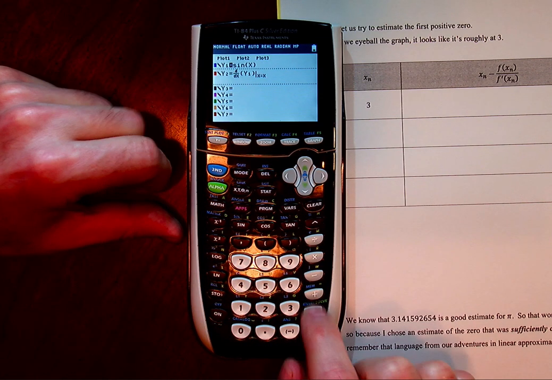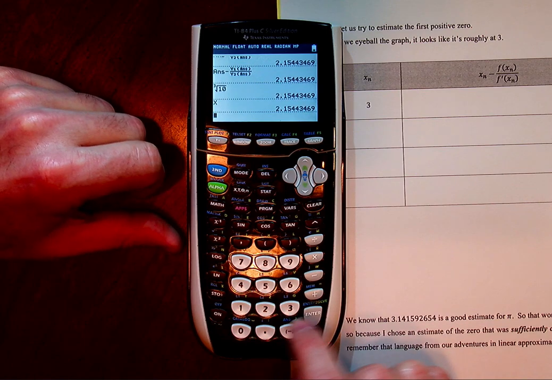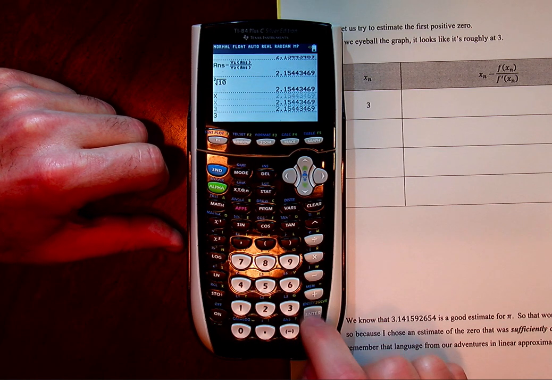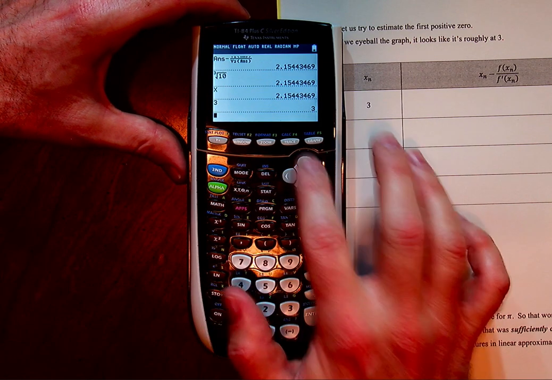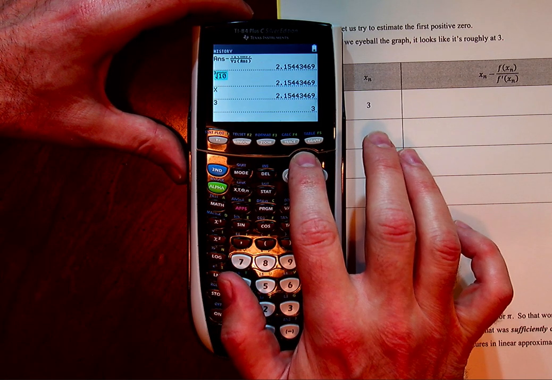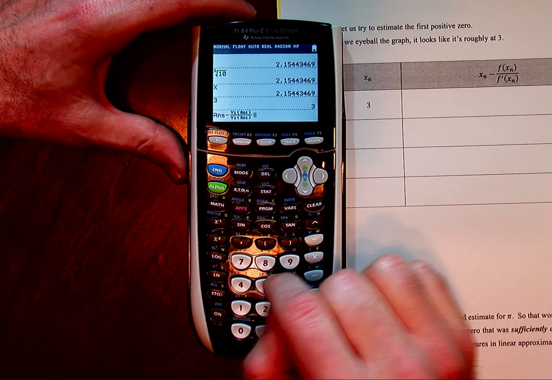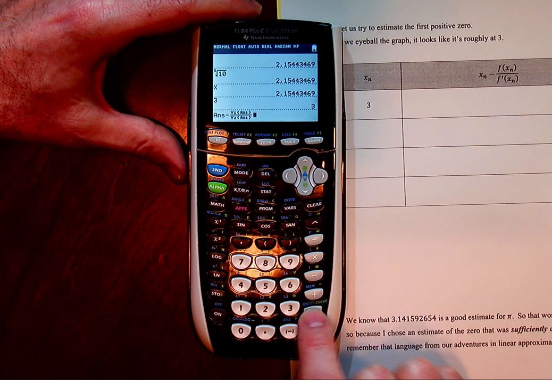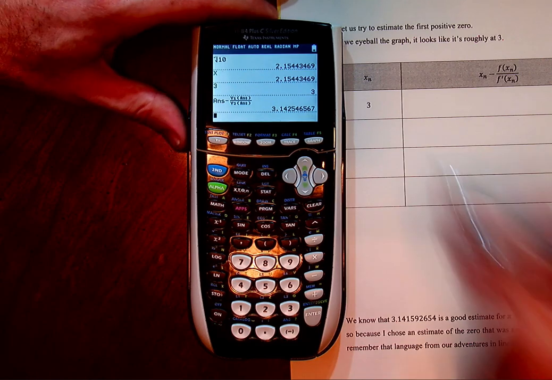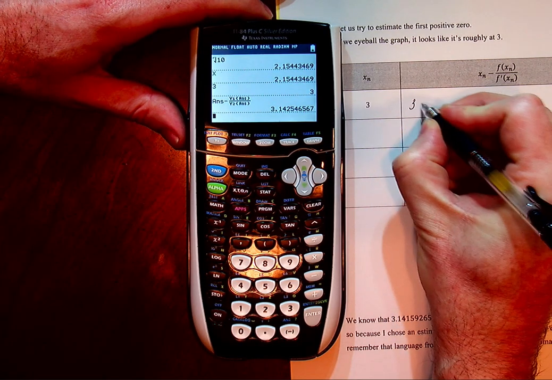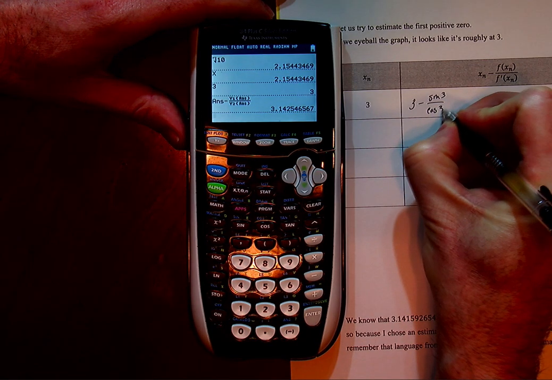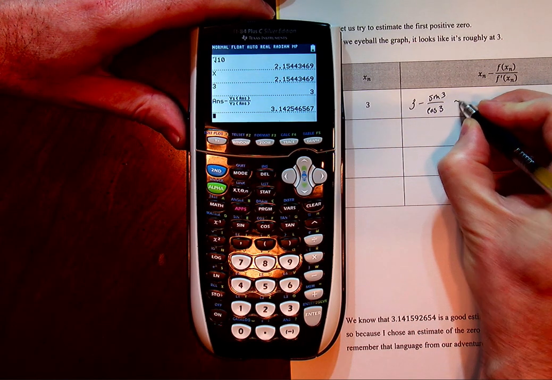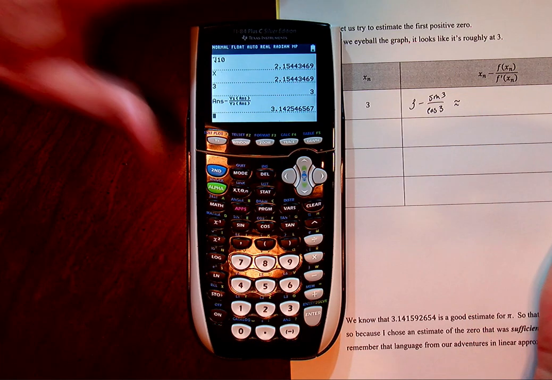Now let's go back to the home screen, and we recognize the fact that 3 is our first approximation, our x sub 1. And then I'm going to grab my formula and press enter. Now what has happened here is this has become 3 minus sine of 3 over cosine of 3.